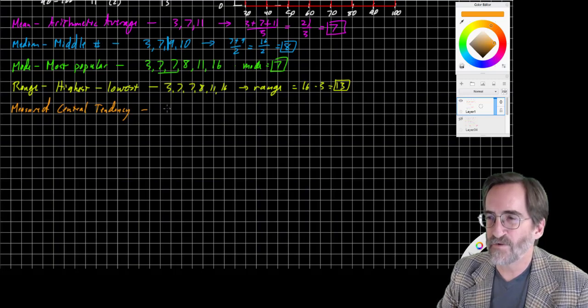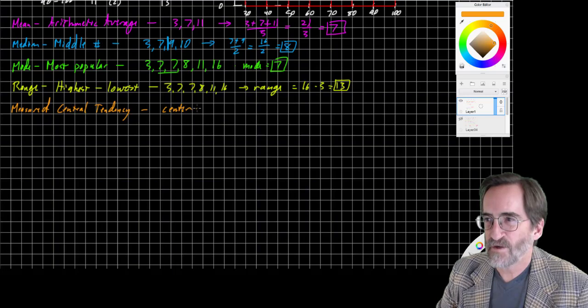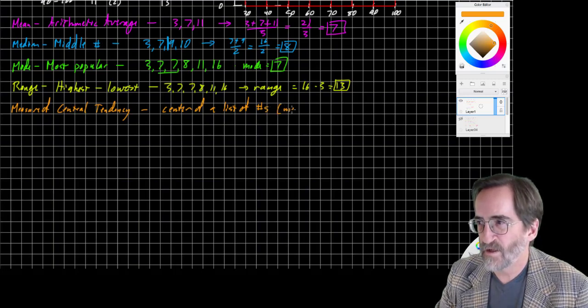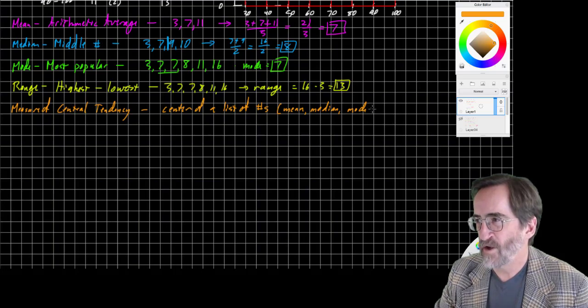The measure of center. It's the center of a list of numbers. And there are different kinds, including mean, median, mode. Mean, median, and mode. That's pretty much it.